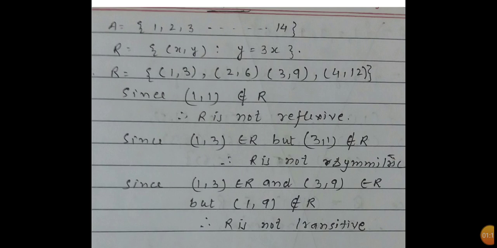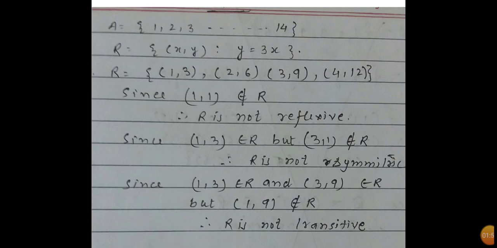As I told you in the last video, a relation is reflexive if for every element a belonging to the given set A, (a, a) also belongs to R. A relation is symmetric if (a, b) belongs to R implies that (b, a) also belongs to R. Similarly, a relation is transitive if a is related to b and b is related to c implies that (a, c) also belongs to R. Okay, so keeping these things in mind, let us start the question.